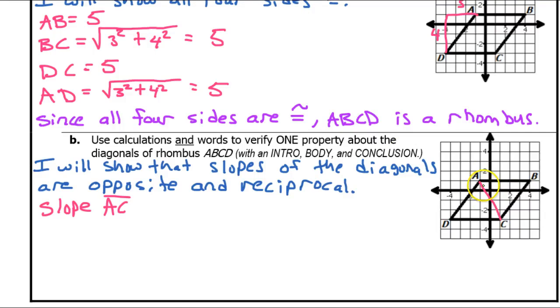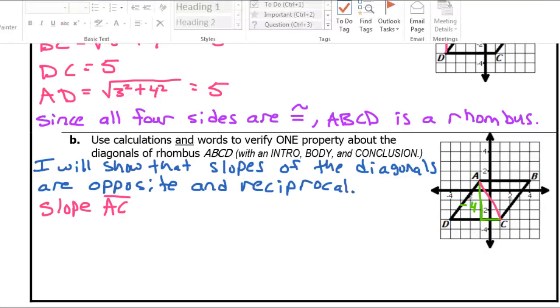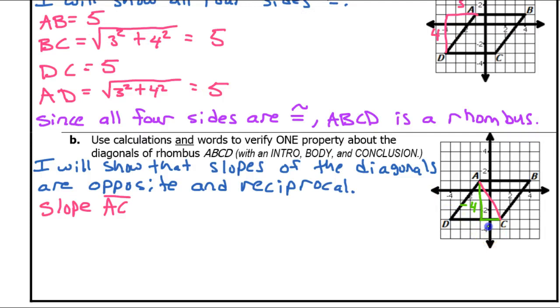So from A to C, I'd have to go down 4, right 2. So rise over run, that's negative 4 over positive 2. Down 4, right 2. And that is negative 2. So that is the slope of segment AC.